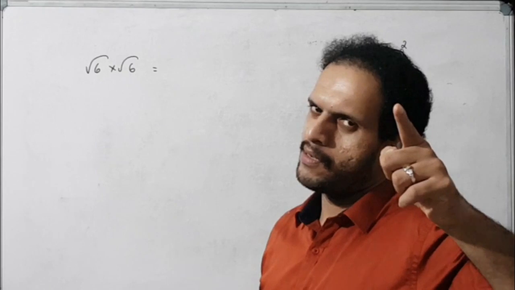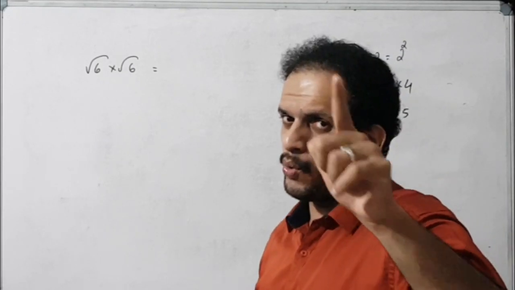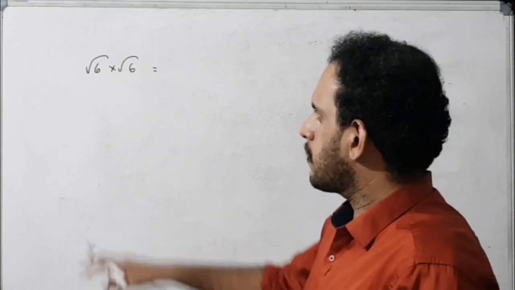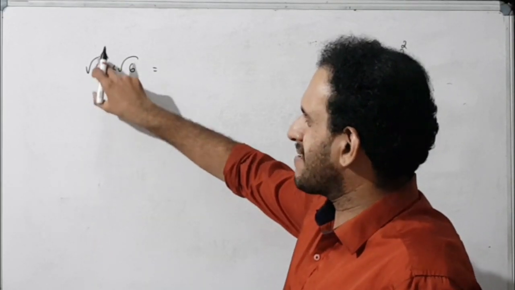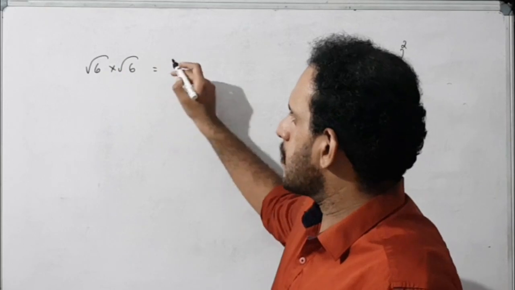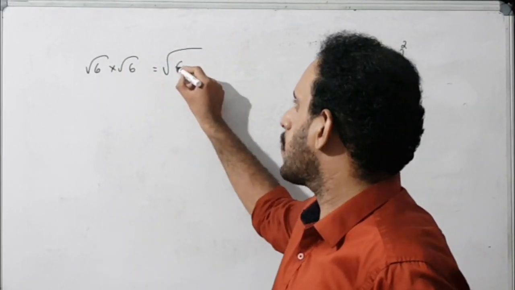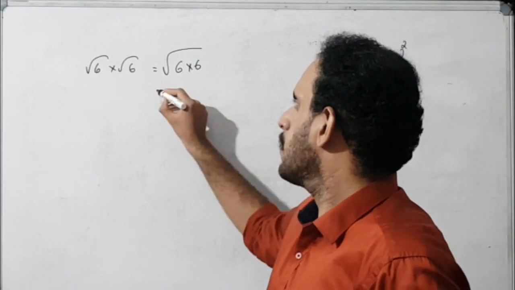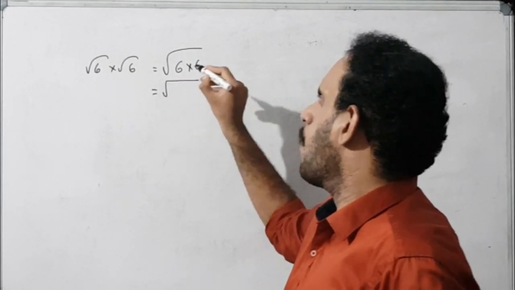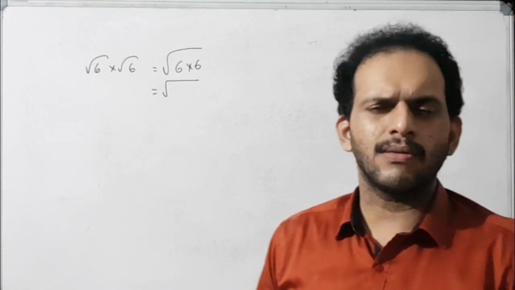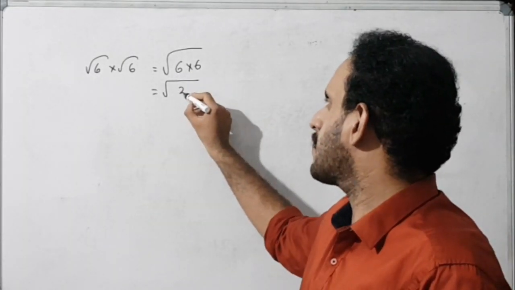Root A into root B is equal to root of A into B. Then here, how do we apply? Root 6 into root 6 is equal to root of 6 into 6, and 6 into 6 is equal to 36.